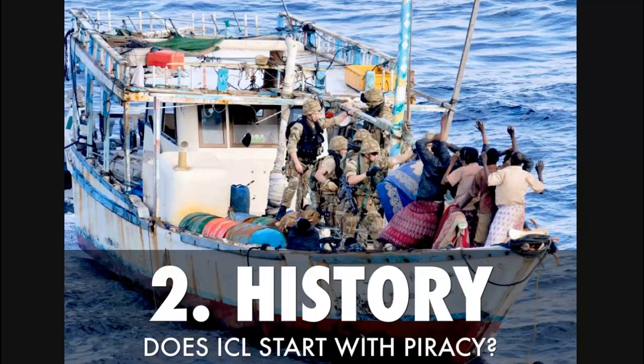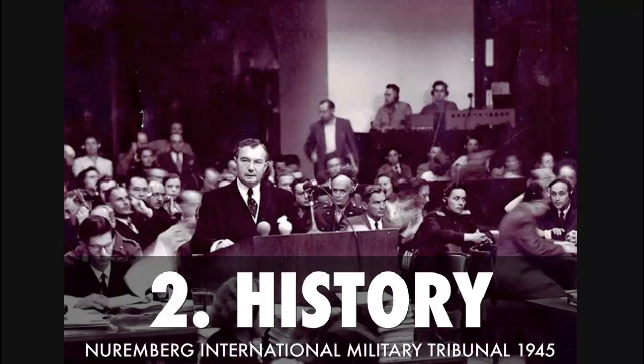There are a number of historical examples of trials for international crimes, particularly the so-called Leipzig trials in Germany of German war crime suspects after World War I, but far more prominence is usually given in history to the Nuremberg International Military Tribunal of 1945 and the International Military Tribunal for the Far East, the Tokyo Tribunal, that ran between 1946 and 1948.